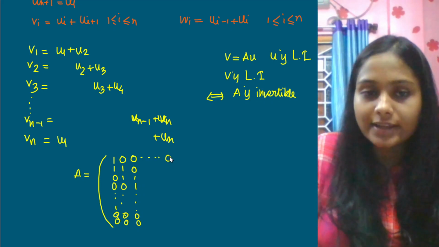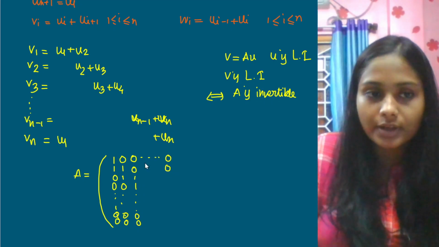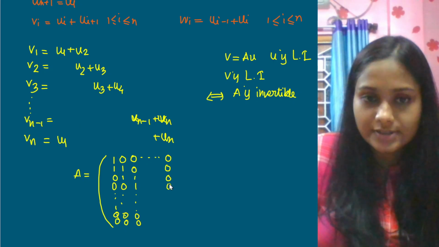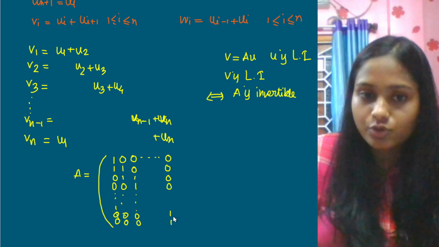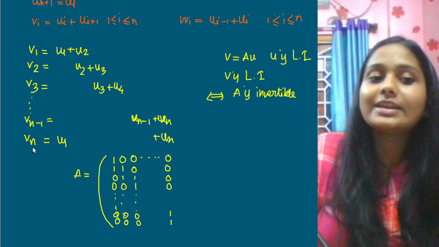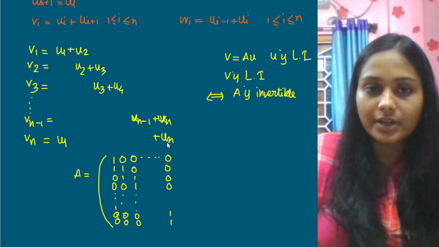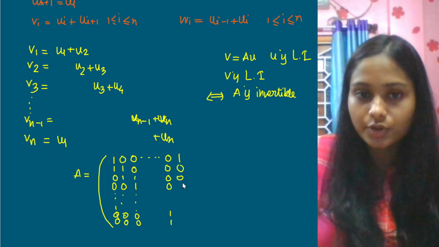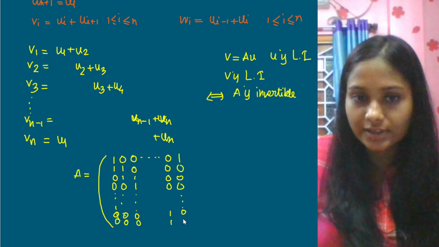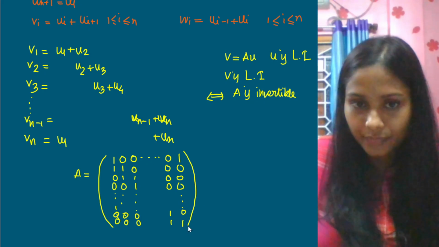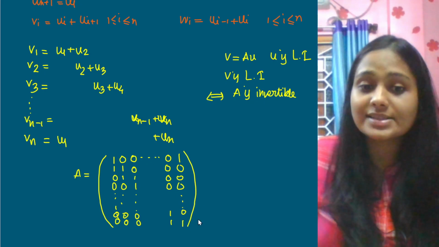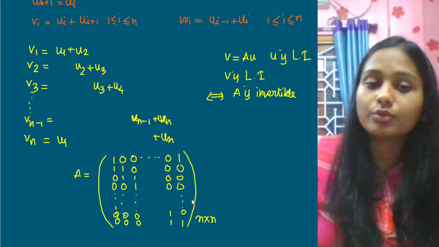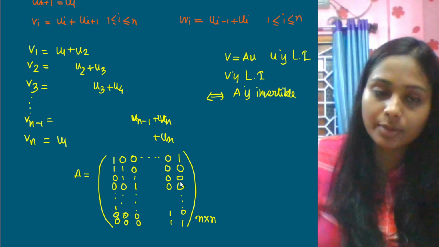So if we go on like this, in this vn minus 1 case, it will be 0, 0, 0, 0, and the last two terms will be 1, 1. But in case of vn, it will be 1, 0, 0, 0 up to 0, 1. Okay. So we need to check, and this is an n cross n matrix. So we need to check whether this A matrix is invertible or not.